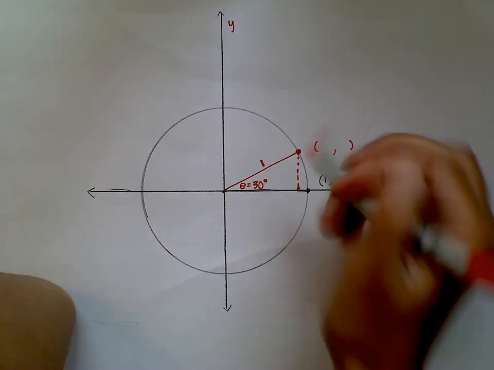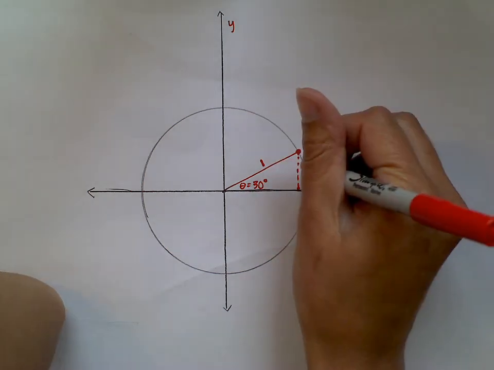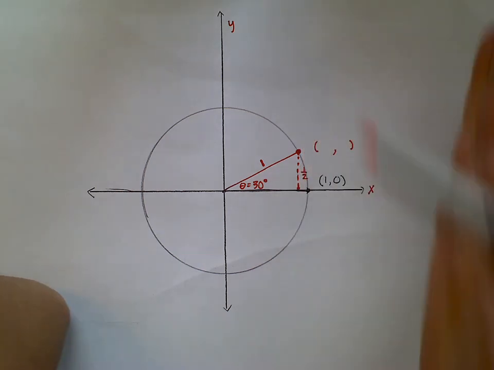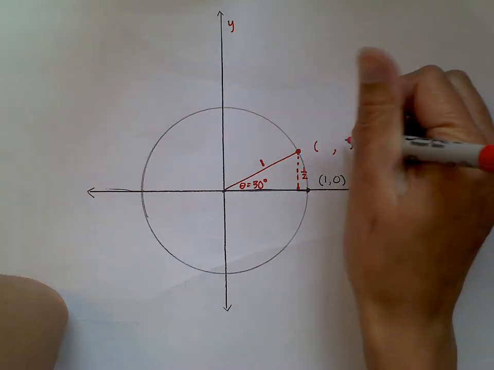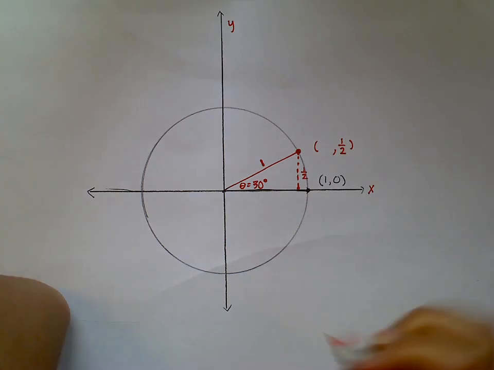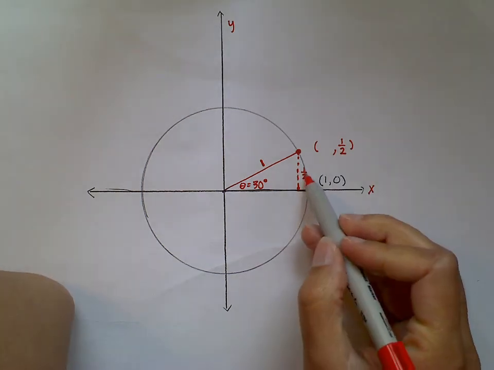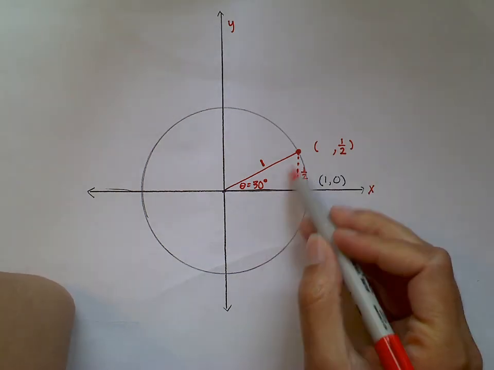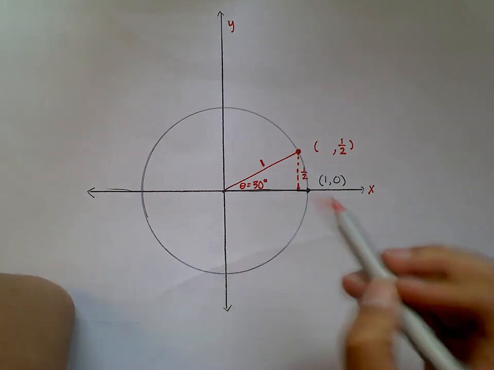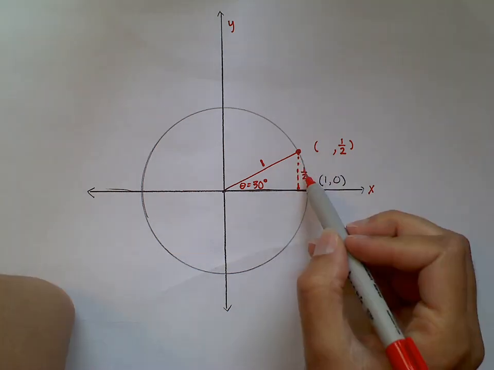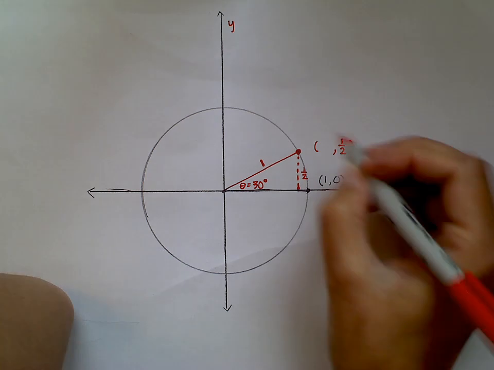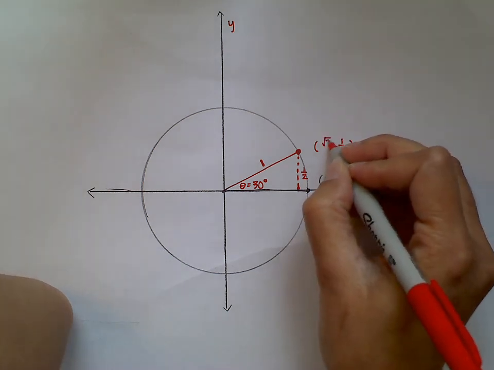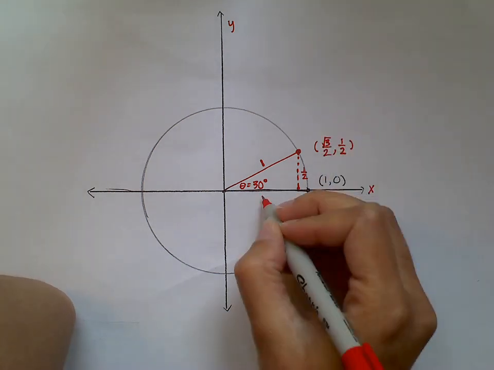So across from my 30, I can take half, and so this distance that I traveled up is half. So my y value here is half. And then your longer leg across from the 60 is always root 3 times as much as the smaller leg. So root 3 times half is root 3 over 2. So that's the x distance that I traveled.